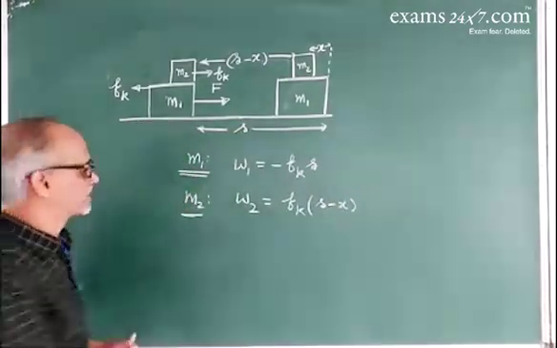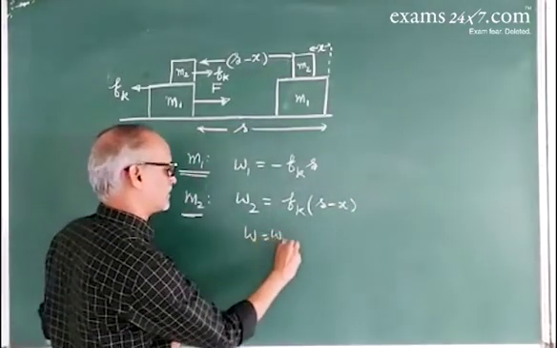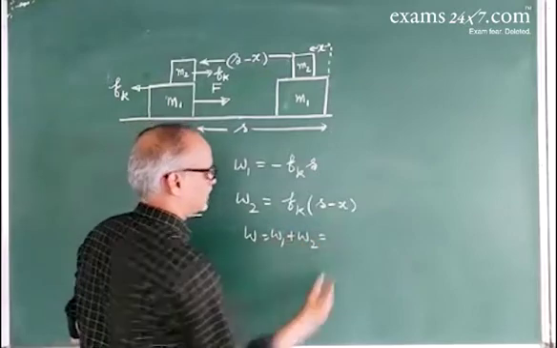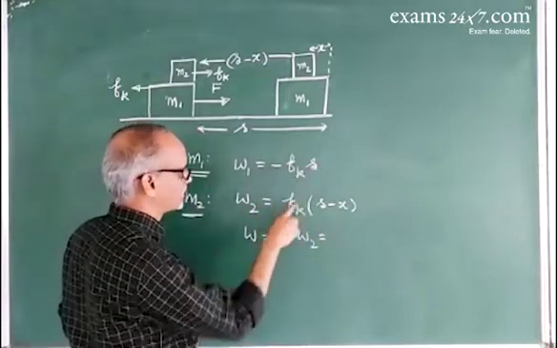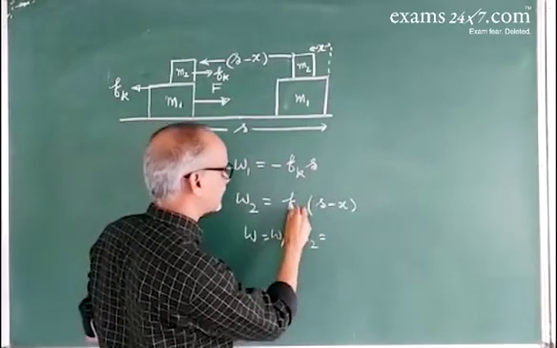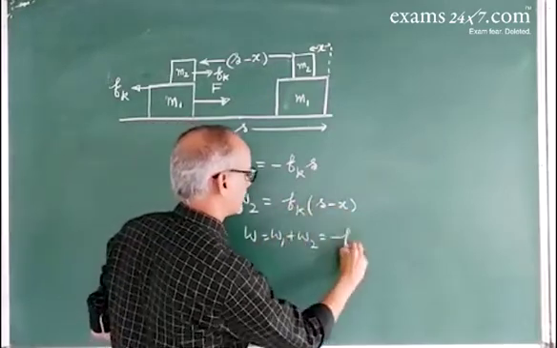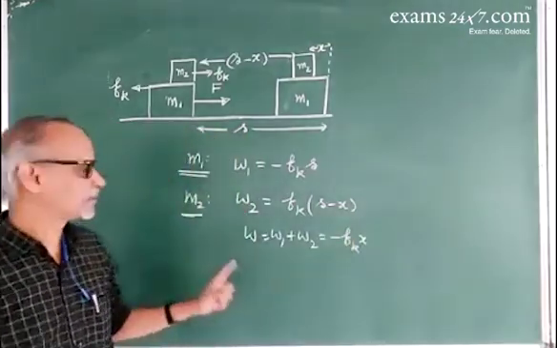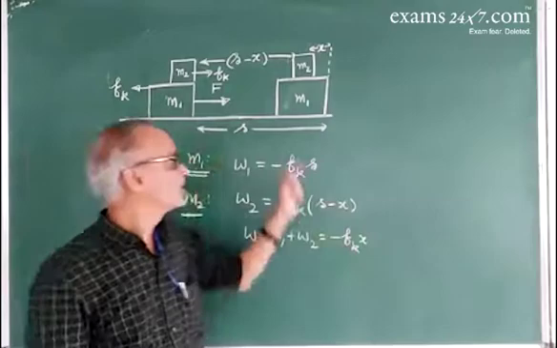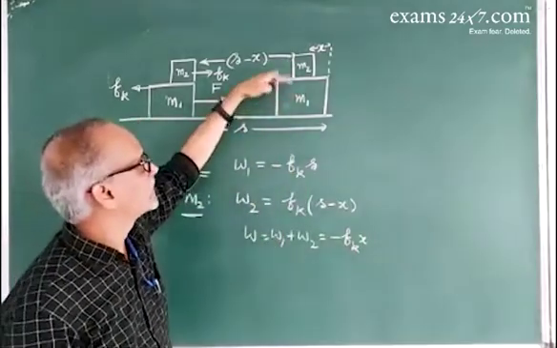So what is the net work? Net work done, W is equal to W1 plus W2. So when we add this, minus Fk S and plus Fk S will get cancelled, giving minus Fk into x. So here the net work done is not zero, as there is a relative motion between M1 and M2.